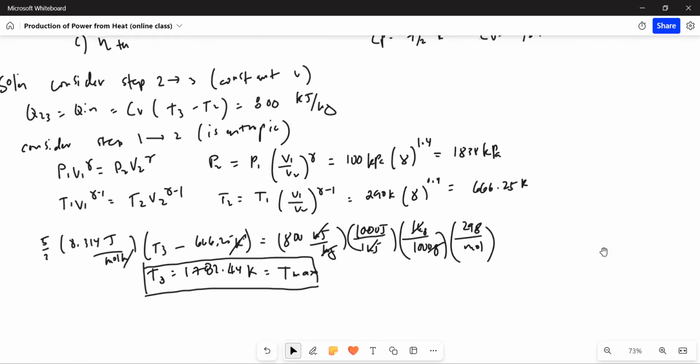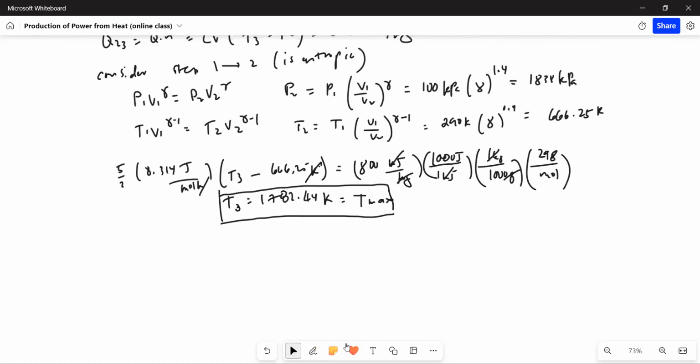Next, we need to solve for P3. Easily, we can use the ideal gas equation. For an ideal gas, nR is constant, so we can equate P2 V2 over T2 equal to P3 V3 over T3.